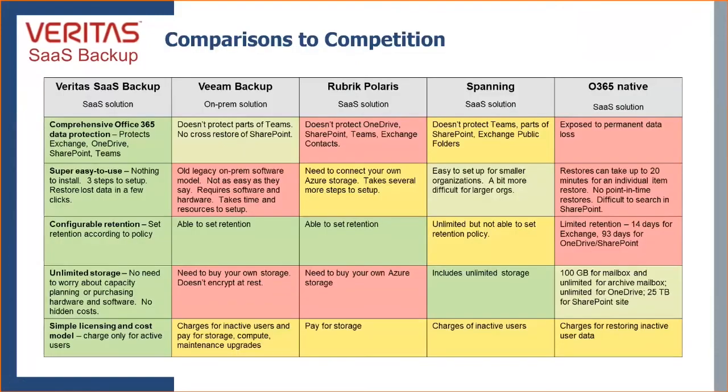Some comparisons to the competition. I mean, everyone's probably got one of these charts up there at the moment, but some of the big things that have always been highlighted to me is unlimited storage. So no need to actually provision any storage locally or within the cloud provider or anything. So there's no hidden cost. It's all built within the actual product set itself, and it's very simple to use.